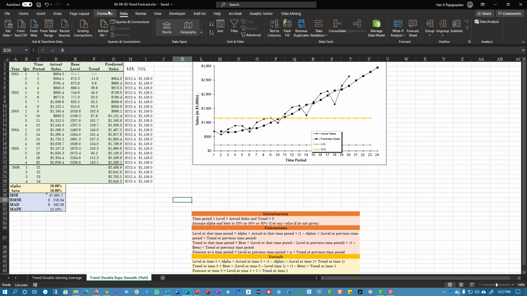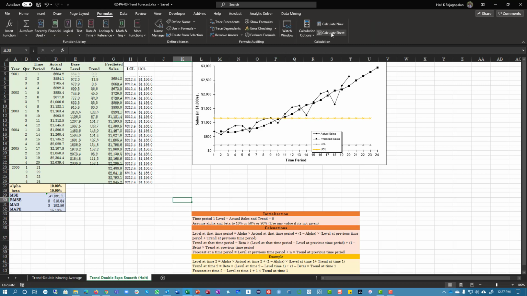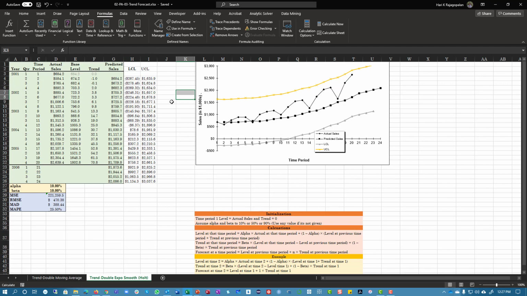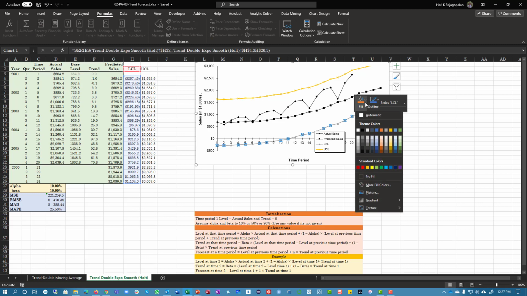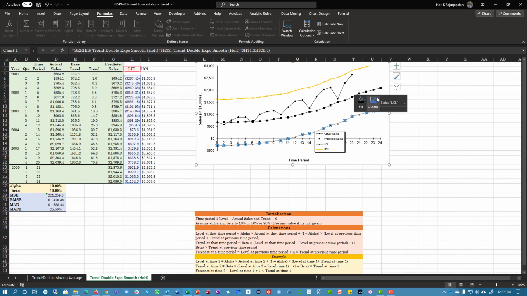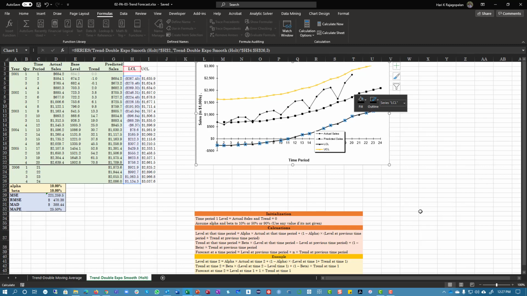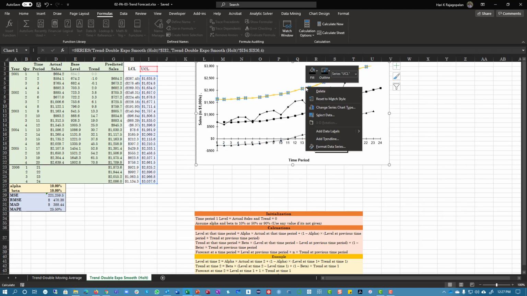First thing you got to do is go to formulas and say calculate sheet, and there you go. That fixes the problem, and it's recalculated. You can see that your upper control and lower control limits have been established. I like to use black and with dots for these control limits.